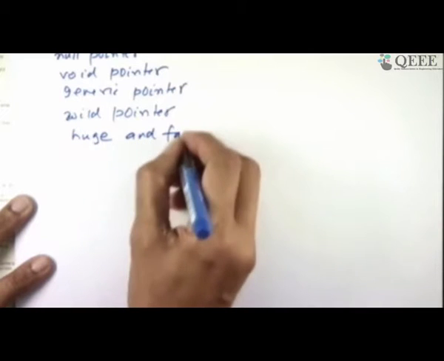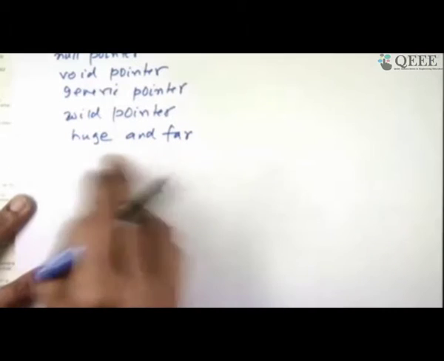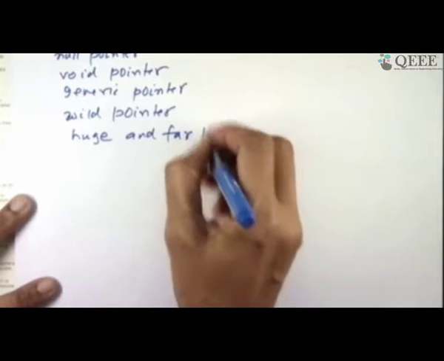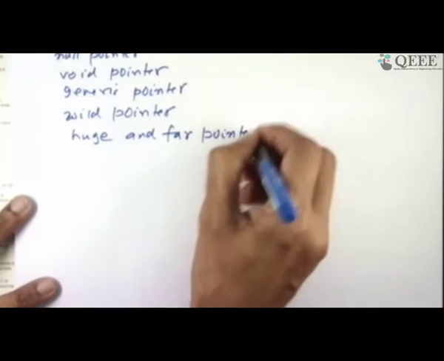These are all relevant depending on which year you are in. If you are in first year, I would not like to confuse you. These are all pointer adjectives, dangling pointer and so on.